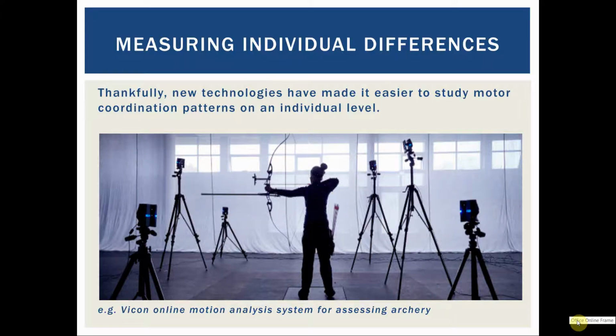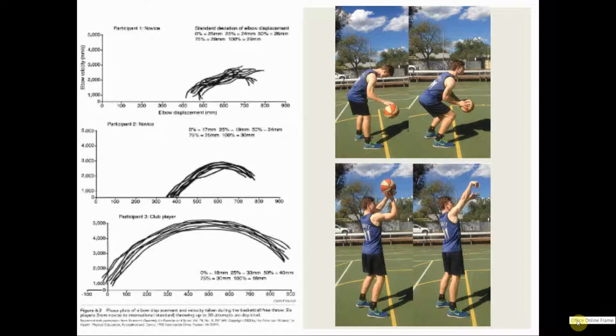For example, with novices. And a few studies have actually looked at that, and they've compared different novices to each other, but also novices and more advanced performers. In this particular study, they looked at the elbow velocity of a basketball set shot or a free throw. Right?